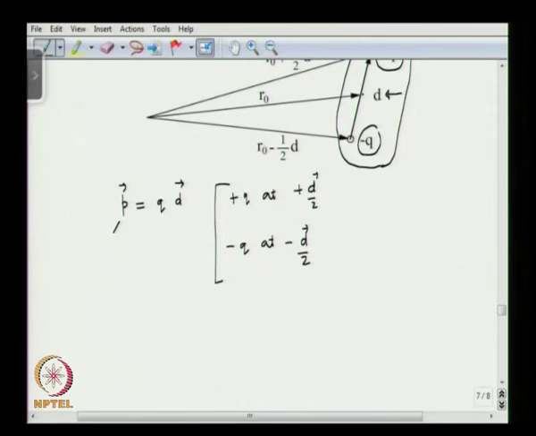This is the dipole moment, and these are the charges.